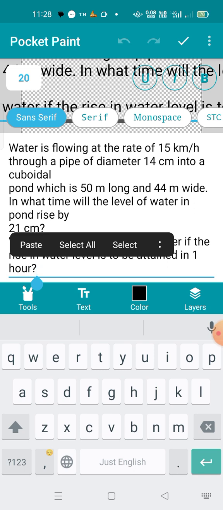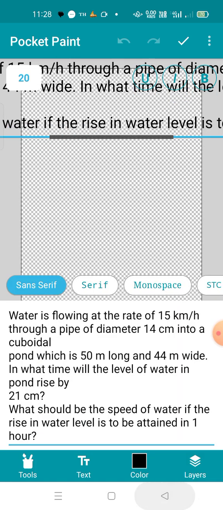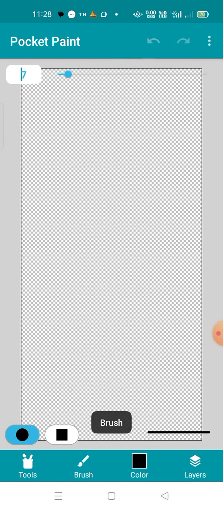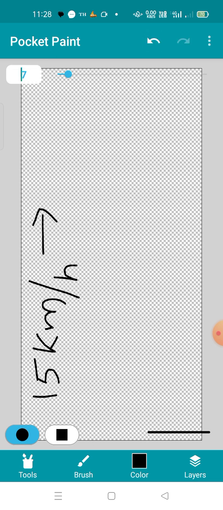Now how can we solve this? With the speed of 15 kilometers per hour, the time taken by the water to rise to a height of 21 centimeters is 2 hours.